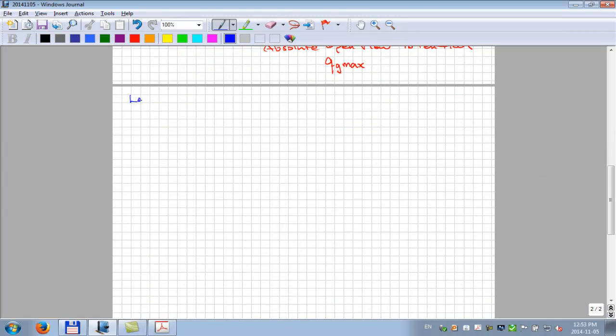For lower perm, the time to pseudo-steady state can be larger. Let's say days, weeks, months, maybe even years. Okay.